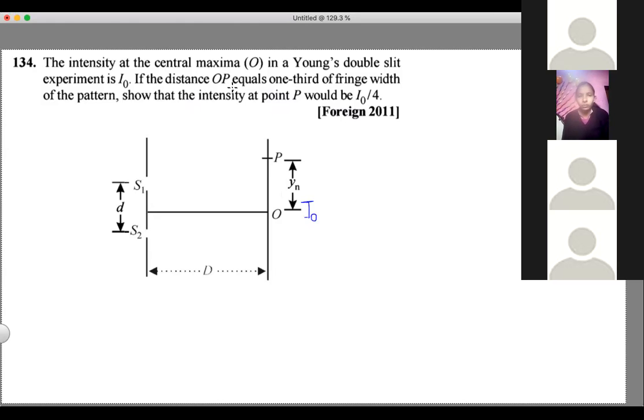If the distance OP equals 1/3 of fringe width of the pattern, show that the intensity at P would be I naught by 4.